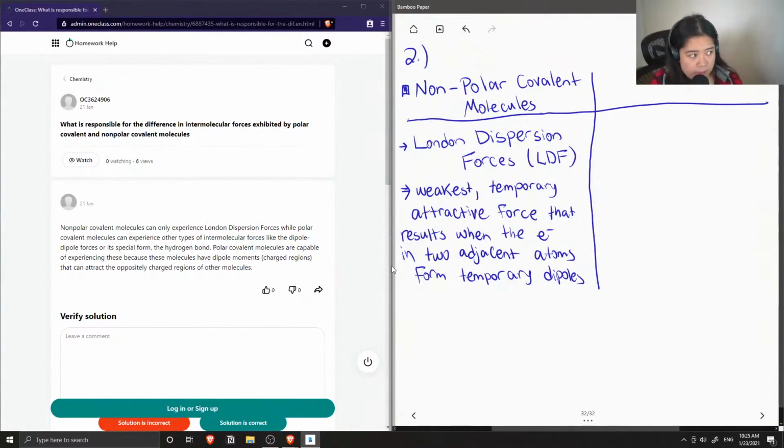And we can also compare all the different intermolecular forces exhibited by polar covalent molecules. Okay, so polar covalent molecules also exhibit London dispersion forces.